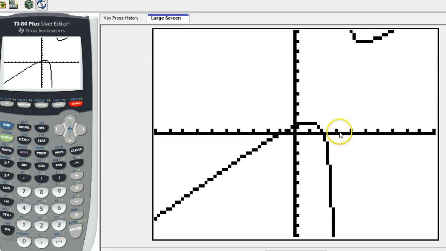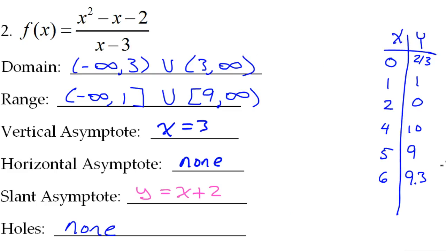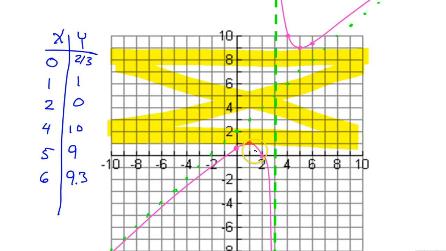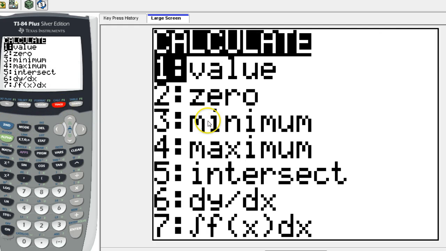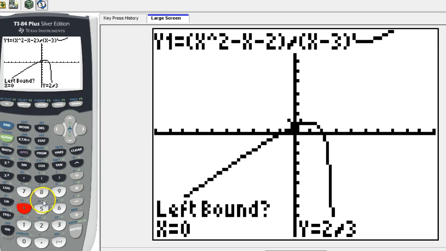Alright, so there's a graph looking very much like we anticipated. Okay, now let's see if we can find this local max and this local min. First of all, this local max right here. If I do second trace and I want to find a maximum, I can choose option 4.